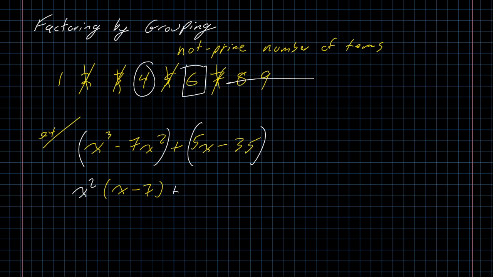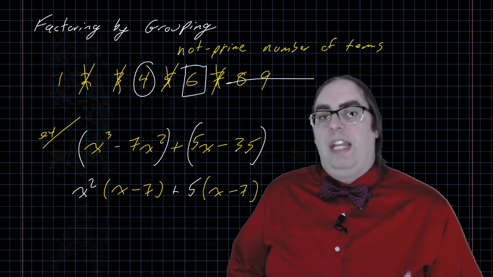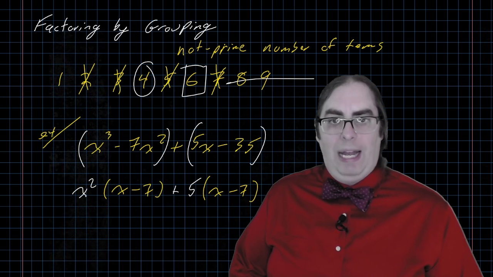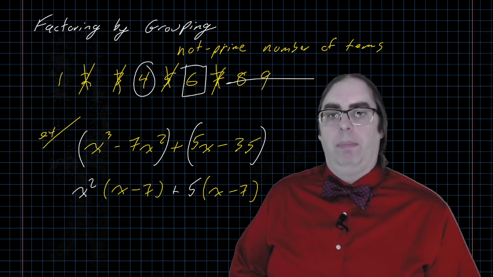In my second group, I can factor out a common factor of 5, and when I do, it leaves behind x minus 7. That's weird. I got the same x minus 7 in both of those places. That almost never happens. But it has to happen in order for factoring by grouping to work.